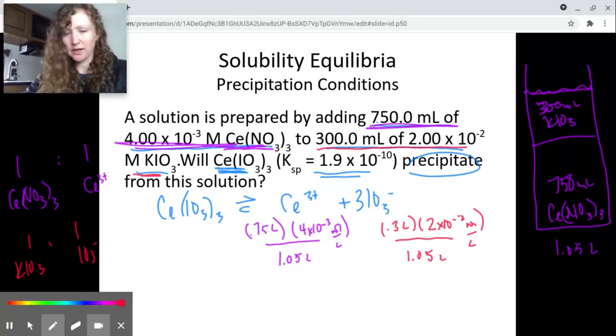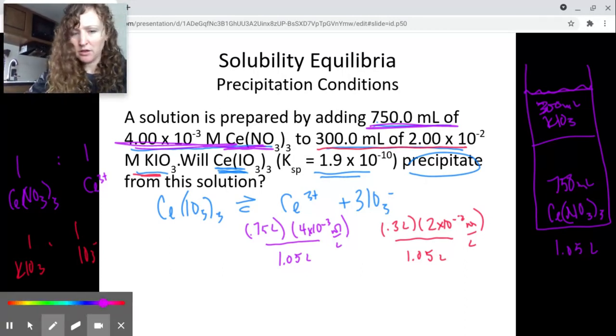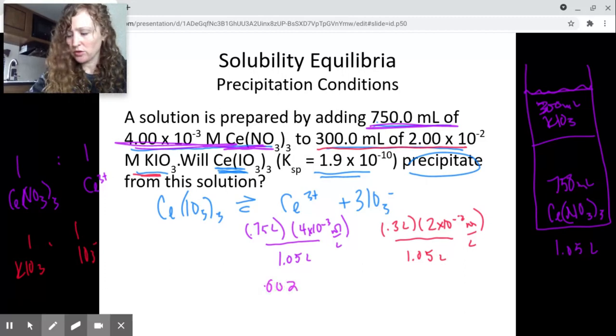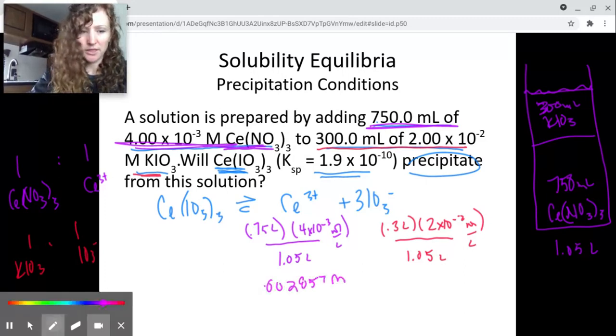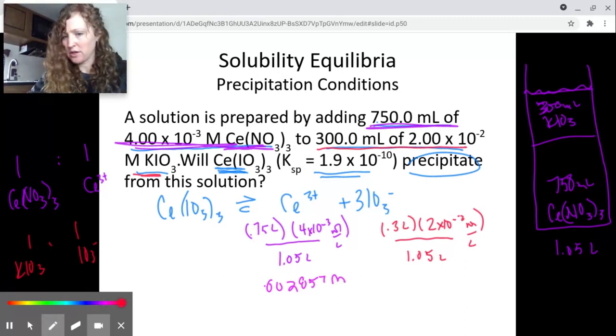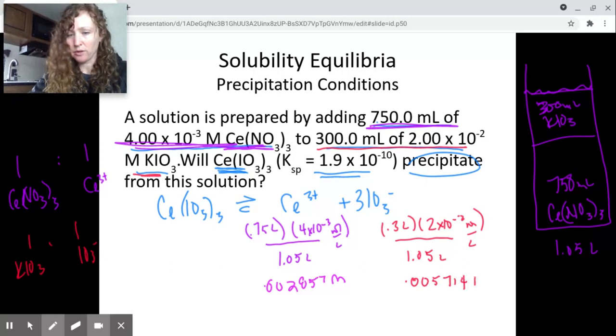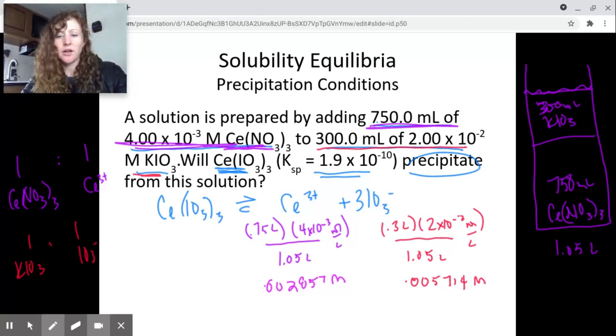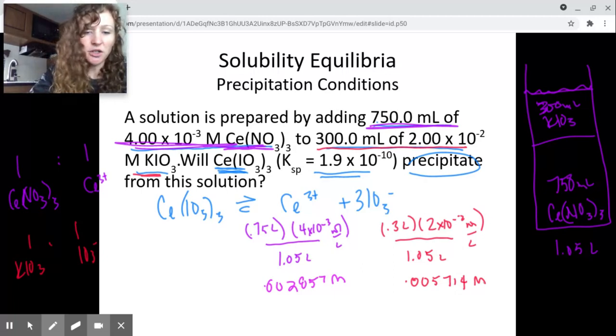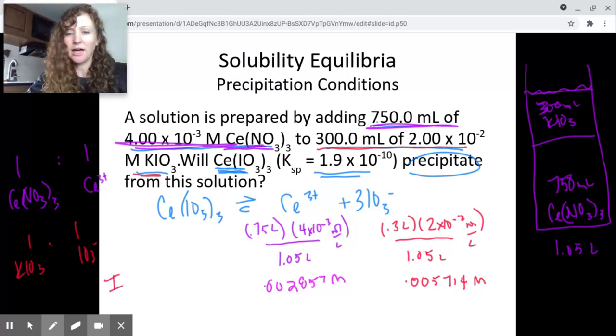All right, I have 0.002857 molar of this. I have 0.005714 molar of this. Okay, so those are my initial amounts, and I want to know what my Q is.